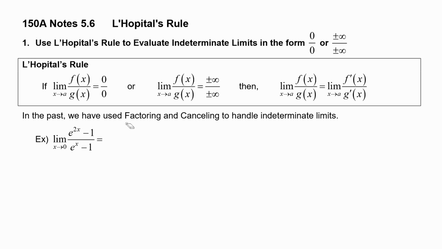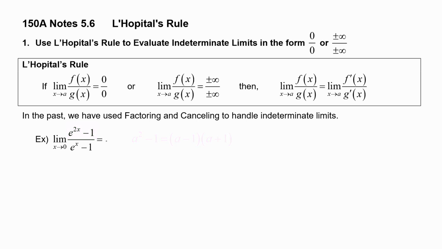Previously, what we would have done is used factoring. Now remember that e to the 2x is just e to the x squared. So it's like we have a squared minus 1 here, which would be a minus 1 times a plus 1.